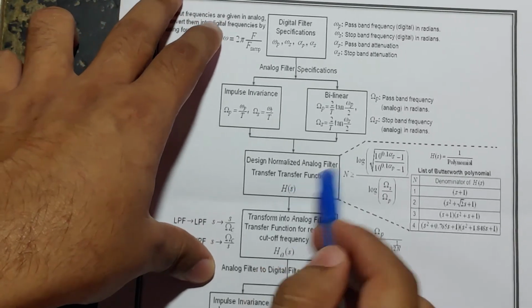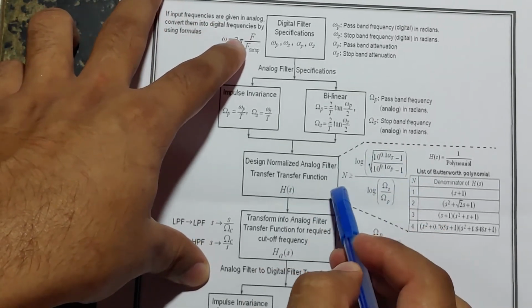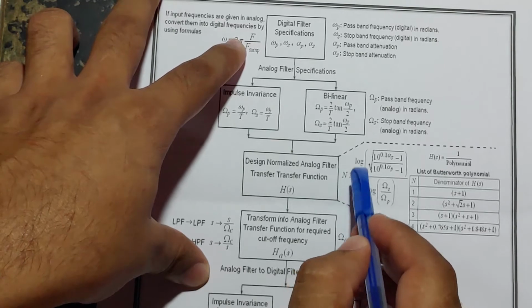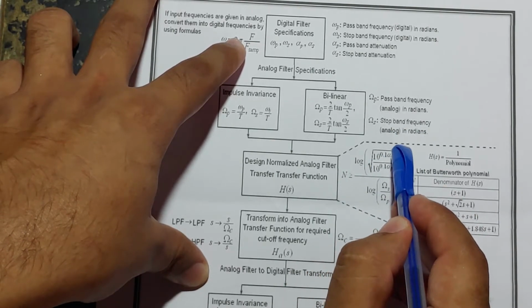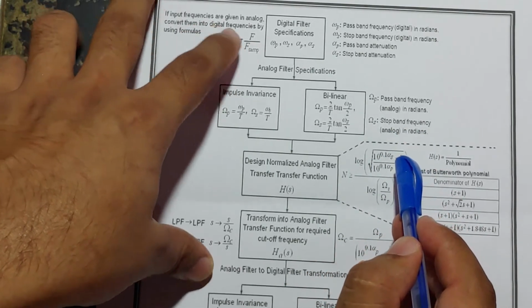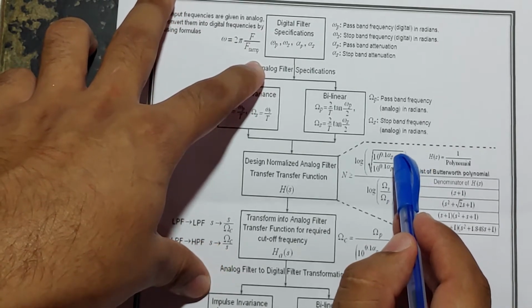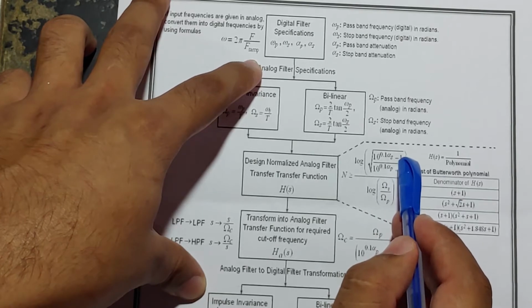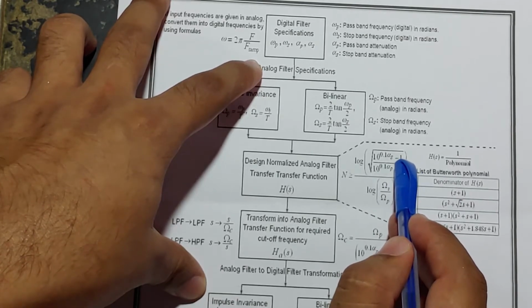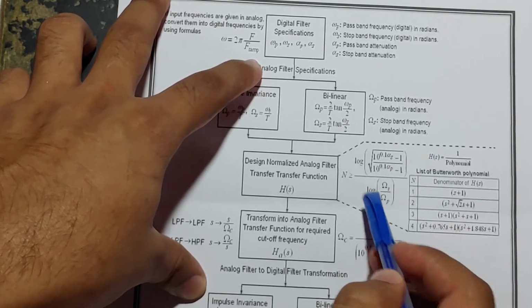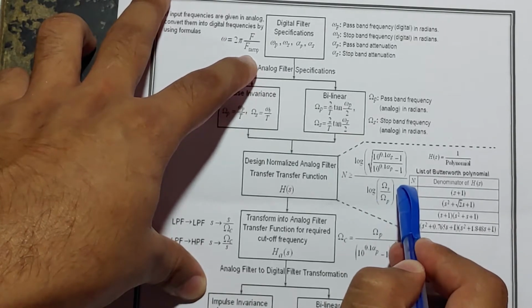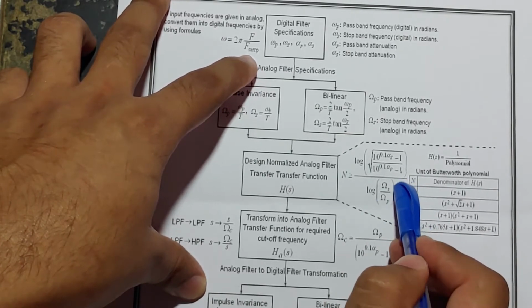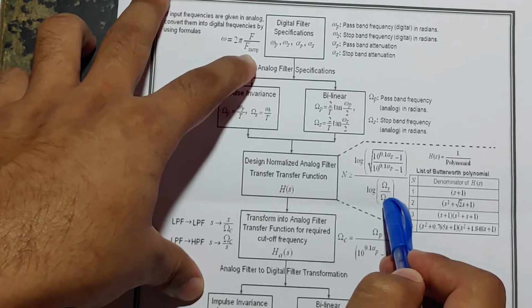For that, we use this equation, which is N greater than or equal to log square root of (10 to the power of 0.1 times stopband attenuation minus 1) by (10 to the power of 0.1 times passband attenuation minus 1), divided by log of stopband frequency by passband frequency.